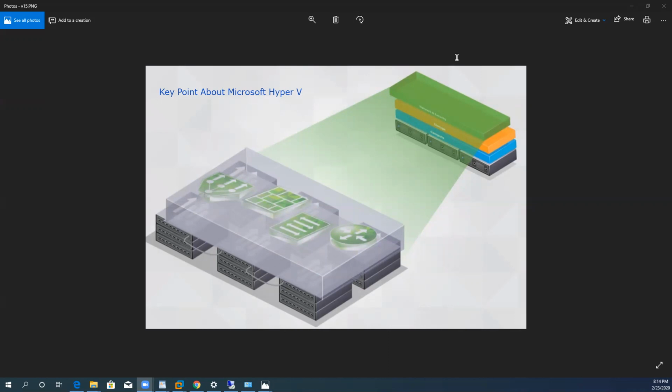You need to understand that the second important point about the type 1 hypervisor is that this type of hypervisor is totally independent and easily coordinates or integrates with the hardware directly.